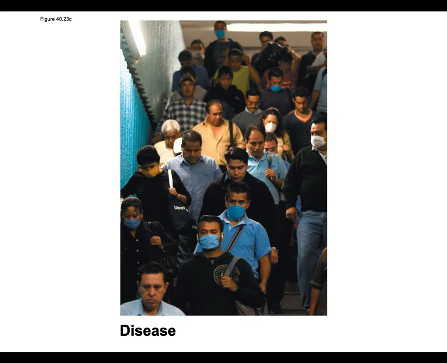Then obviously disease. More concentrated populations means that diseases can increase in terms of infection rates and also mortality rates, which is why it should be no surprise that the general tendency of COVID has been for larger cities to have higher rates of infection.